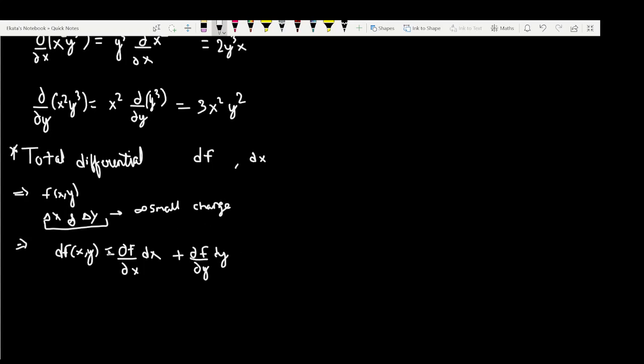If we put this differential in the form of this expression, that is known as the total differential. What is the meaning of this? Let f of x y be any function, let's say x cubed y. If I make a very small change in x and a very small change in y, then df is defined as the differentiation of the expression with respect to x into dx, plus del upon del y, differentiating the function with respect to y, into dy.